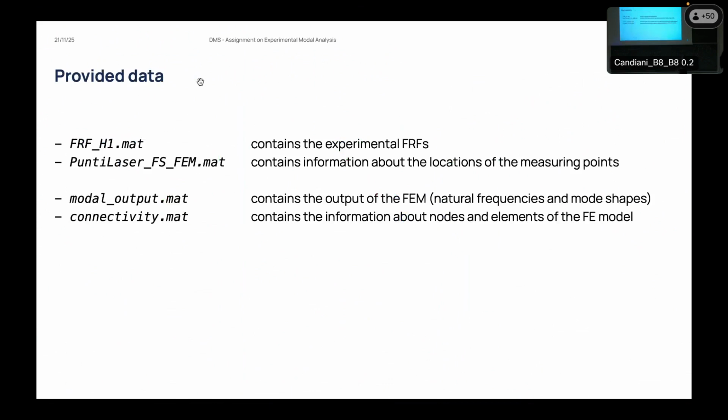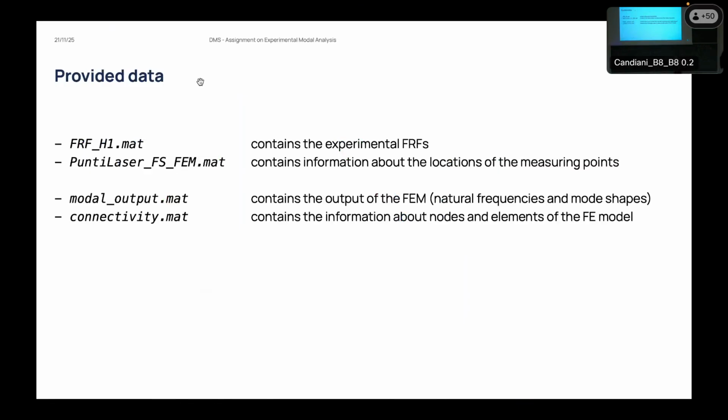This is a list of the provided data. You have the frequency response functions. You have the location of the measuring points. You have the output from the finite element model, and you have a connectivity matrix containing the information about the nodes of the finite element model.